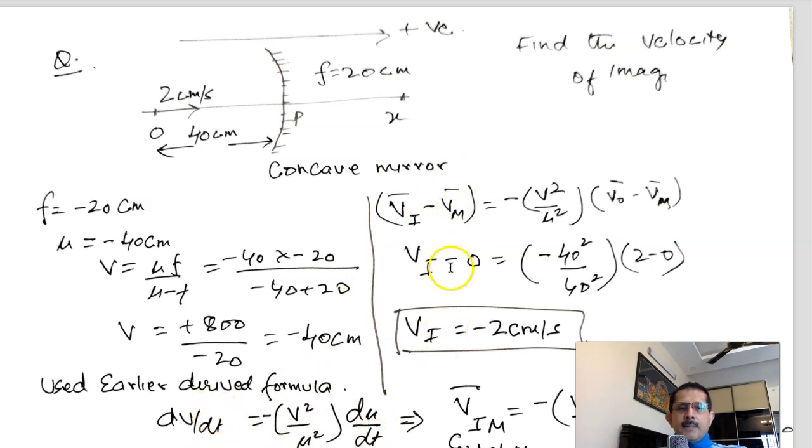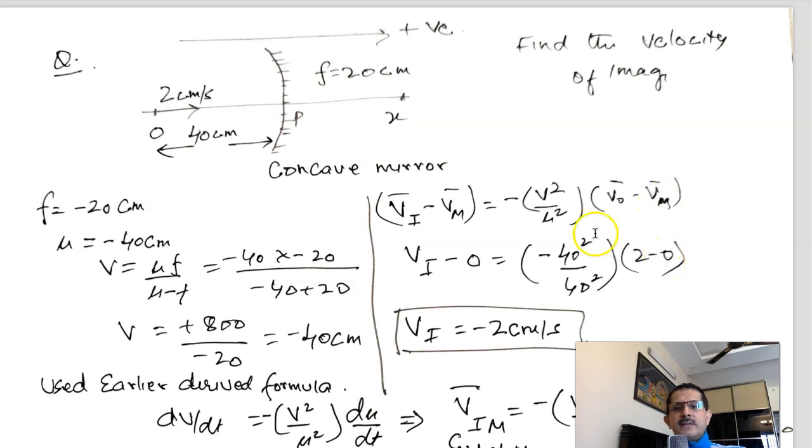Now further I can say vi minus vm is equal to minus v square by u square times vo minus vm. This we derived. So I just put the formula. See, velocity of object is 2, and I have considered, because the incident ray is in this direction, so this is positive. Okay, so 2 centimeter per second is positive.